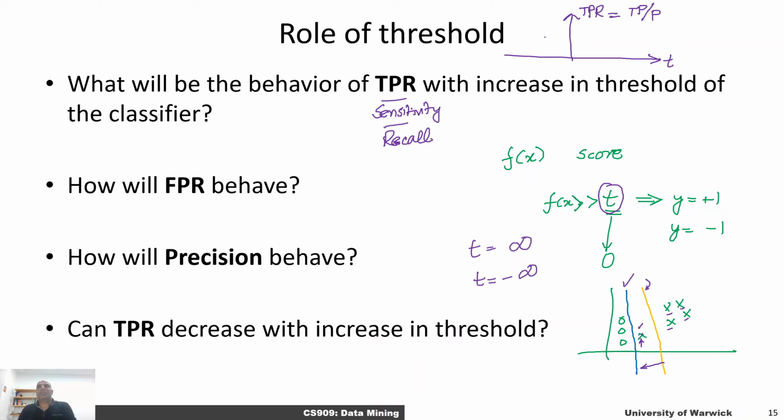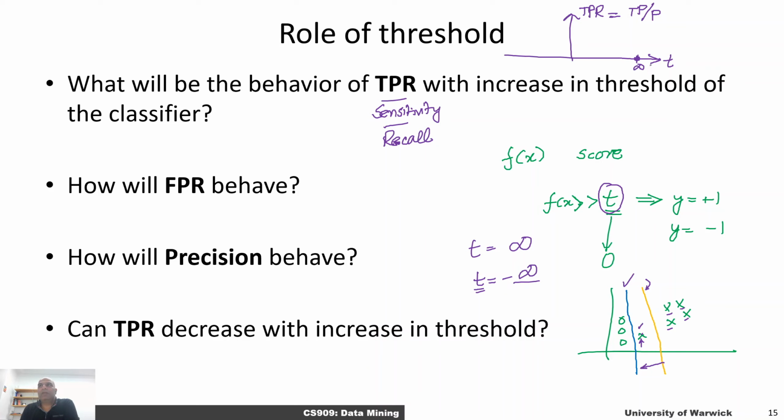How does that change as we increase the value of the threshold? I've told you that when the threshold is infinity, the number of positive predictions is going to be zero. Therefore, the number of true positive predictions is also going to be zero. That means at t equal to infinity, the value of the true positive rate, which is plotted along the y-axis, is going to be zero. Now, what happens when we have a threshold value of minus infinity?